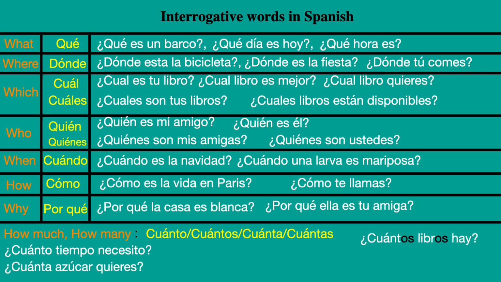So, libros, masculine, and that would be ¿cuántos libros hay? And ¿cuántas manzanas hay? So, that would be the plural for manzanas. Manzanas, apple. ¿Cuántas manzanas hay? So, multiple, you have many. Instead of if you would have only one manzana.